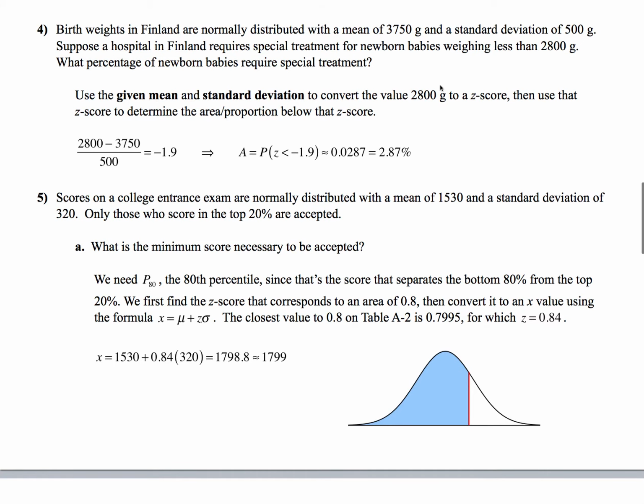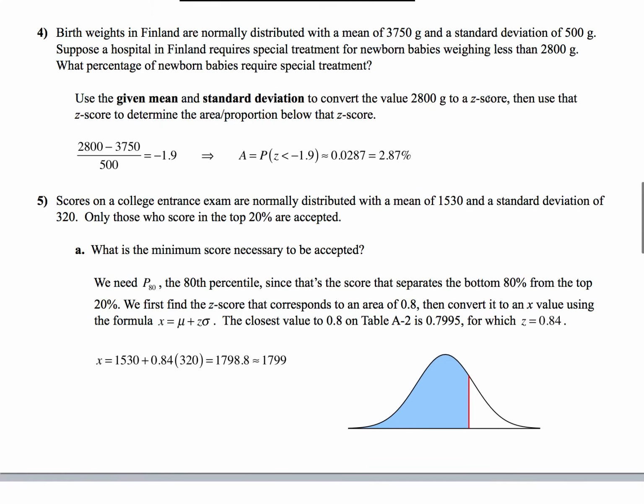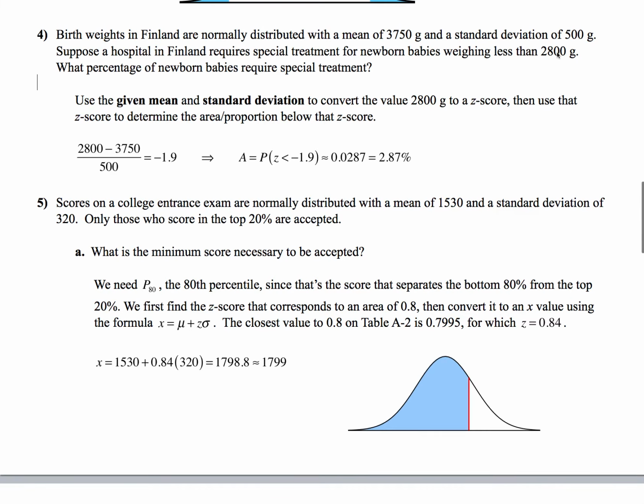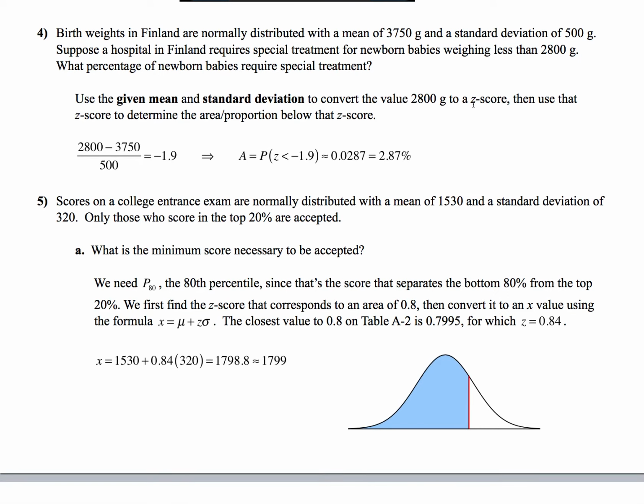And so we use this mean that we're given here of 3750 and this standard deviation of 500 to convert this data value, 2800, which is the one we're interested in, to a z-score, so that we can then use that in the standard normal to determine the area, proportion, probability below that particular z-score.